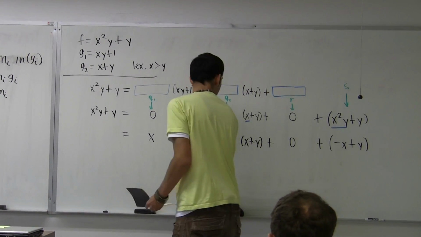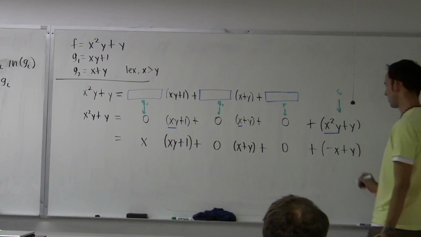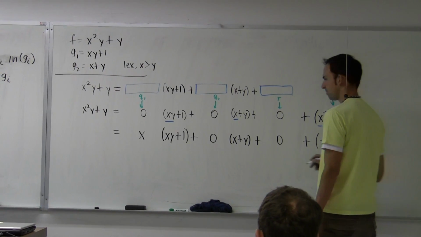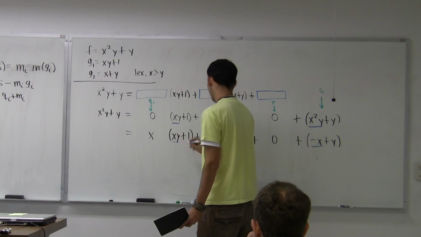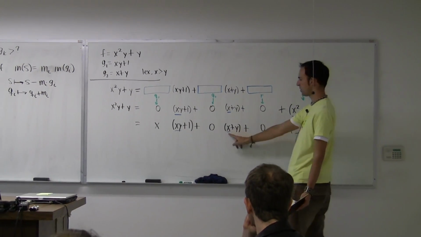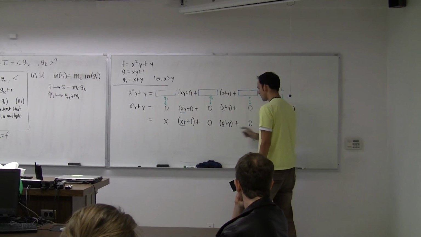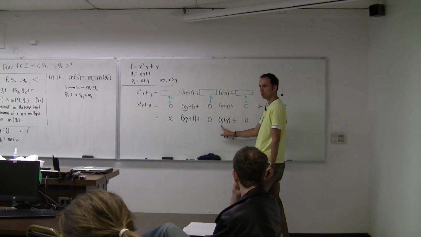I repeat, but in order to repeat, I have to again figure out what the leading term is here. The leading term is this one. And I have to see if this guy is a multiple of this one or of this one. Okay. Well, it's not a multiple of this, but it is a multiple of this.